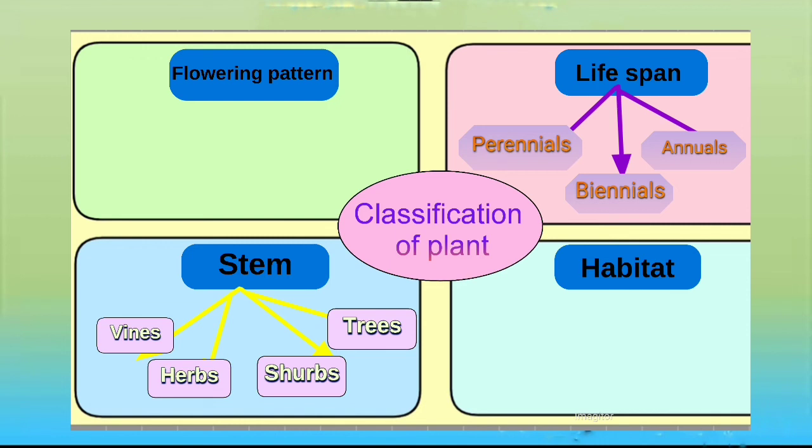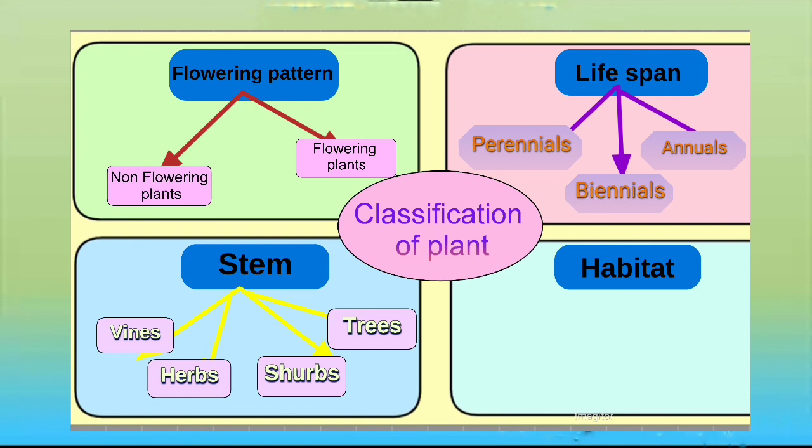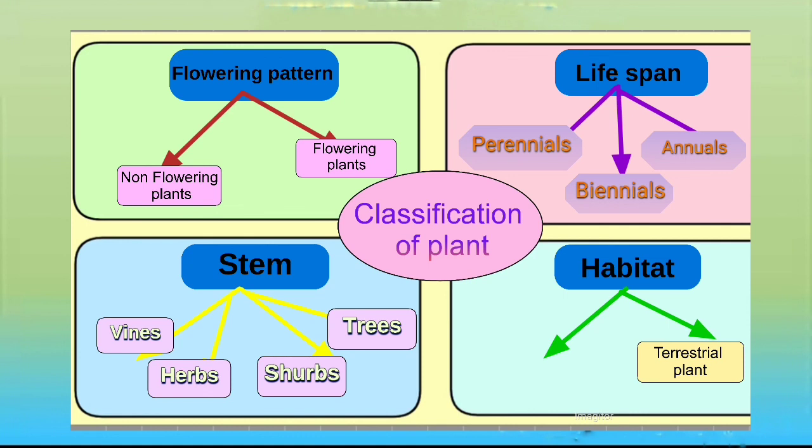Based on flowering pattern, plants are classified into two classes: flowering plants and non-flowering plants. Based on habitat, plants are divided into two classes: terrestrial plants and aquatic plants. Terrestrial plants include xerophytes and aquatic plants include submerged plants.